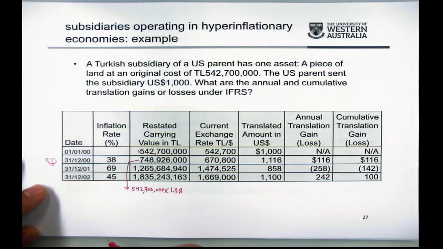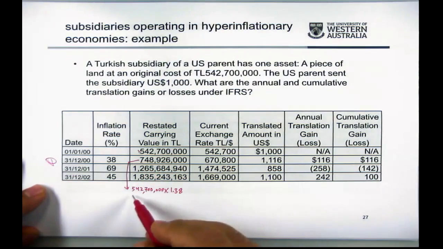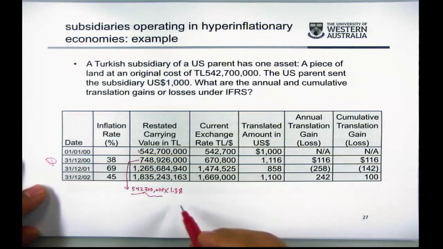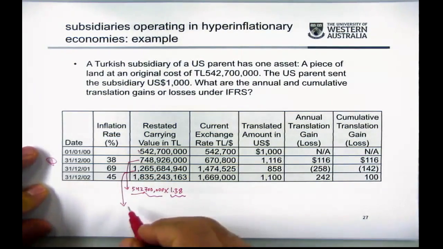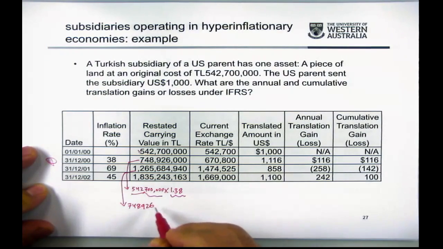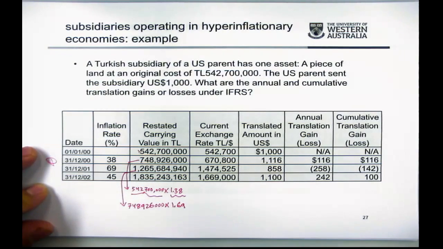Make sense? Calculated as the beginning of the year value times 1 plus the inflation rate for that year. We do the same here. In this year, the value is the beginning of the year value, 748,926,000 times 1.69, and that gives us the inflation adjusted value.